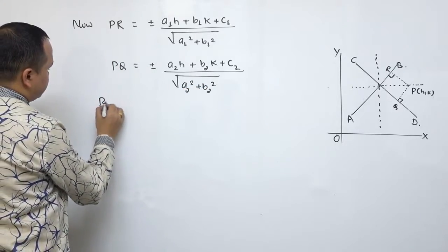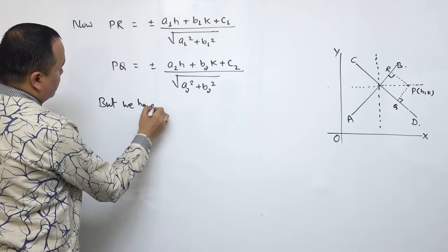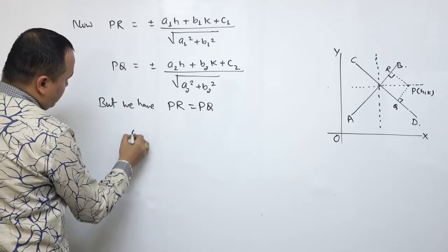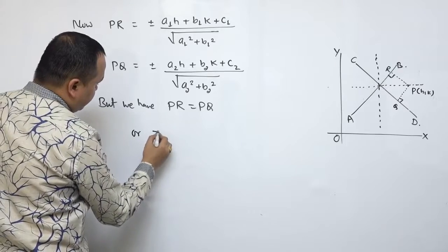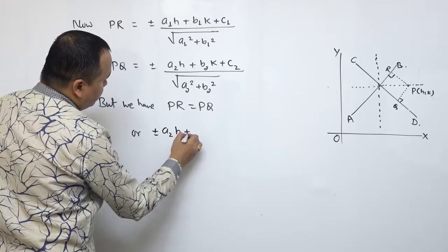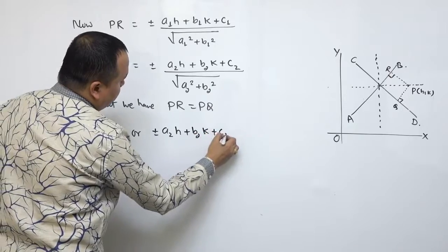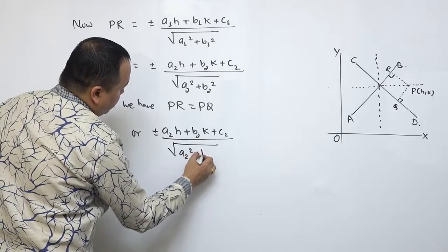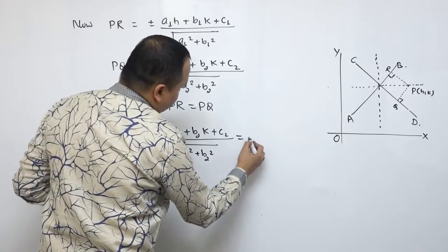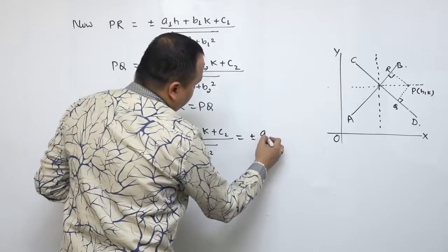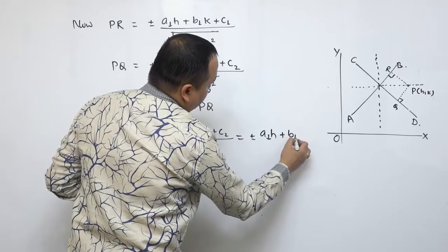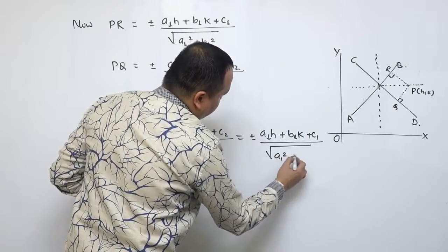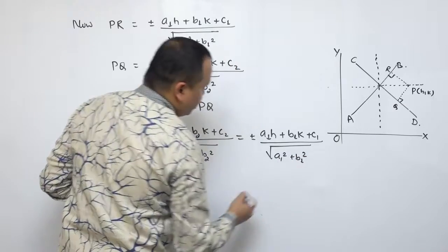What we have? PR is equal to PQ, or PR plus minus (A2h plus B2k plus C2) upon root over A2 square plus B2 square is equal to plus minus (A1h plus B1k plus C1) upon root over A1 square plus B1 square.